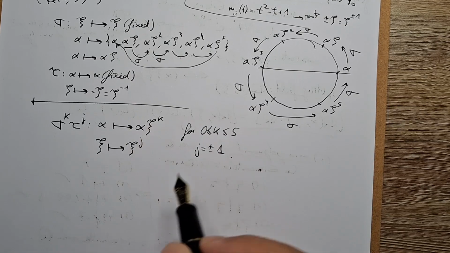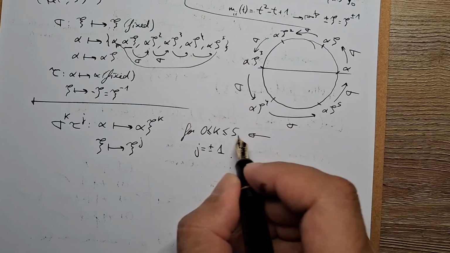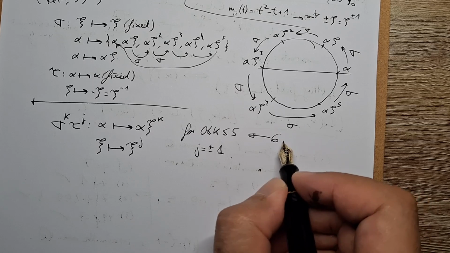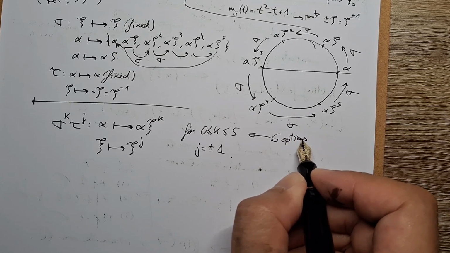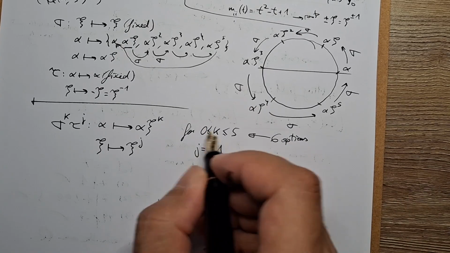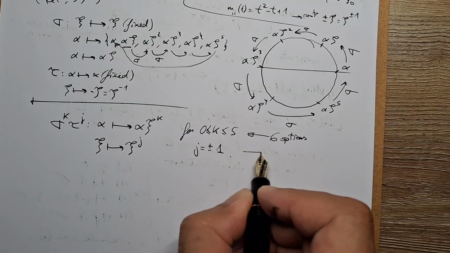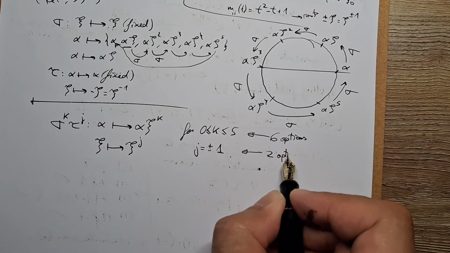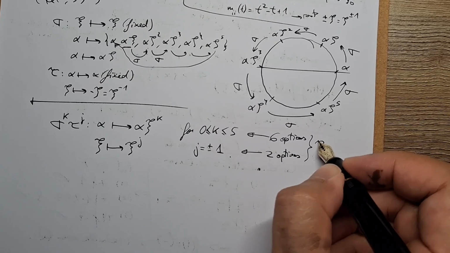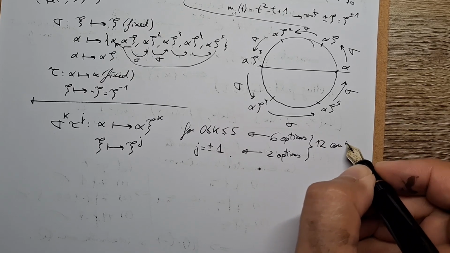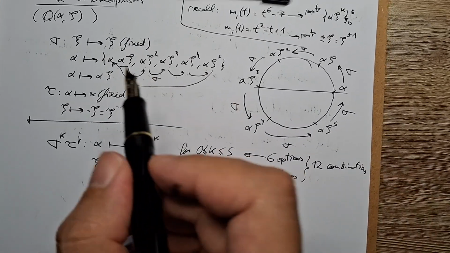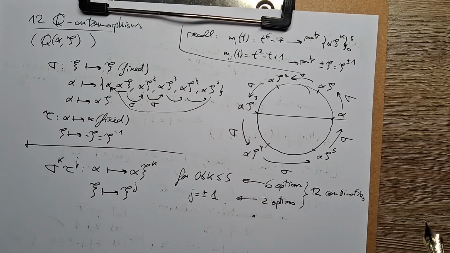Okay, so this already tells us that this allows for 6 options, 6 different elements that you can pull here, and this allows for 2 options, which when combining them gives 12 combinations, which matches the 12 Q-automorphisms that we want to find.